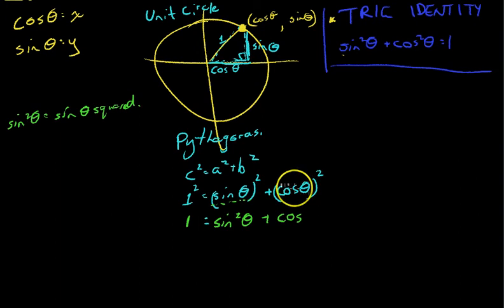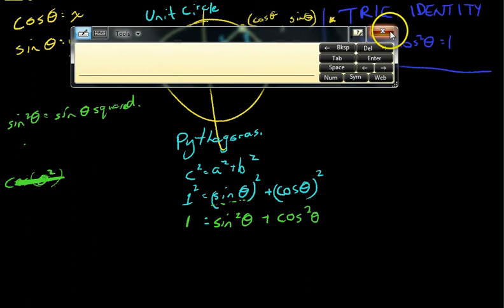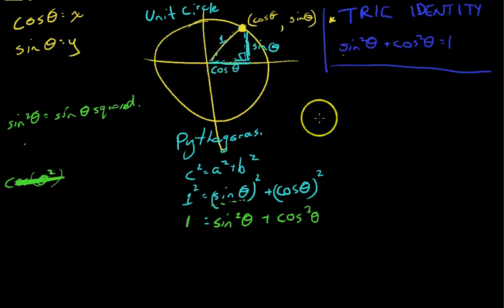Rather than saying cos theta bracket all squared, we can just say cos squared theta. Now this is not the same as cos of theta squared. That's a different thing. Confusing, but please remember, and I'll write it here because it's very important, that sine squared theta is the same as sine theta all squared.